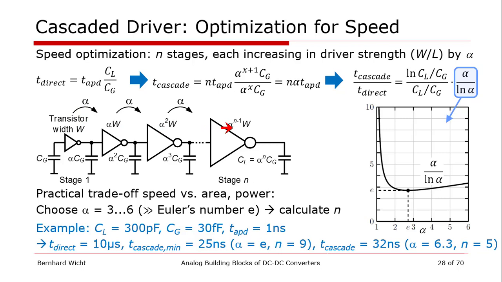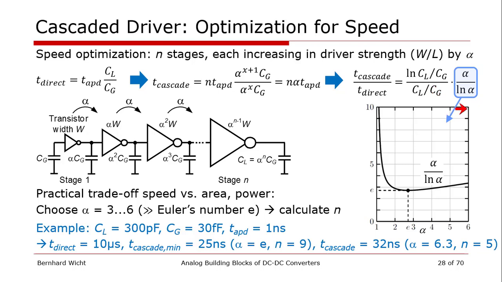Now we want to optimize it, so we put together the ratio between t_cascade and t_direct, which is an expression that consists of two terms. The first one is given by the application. It's simply the ratio of CL over CG. We can't do much about it.